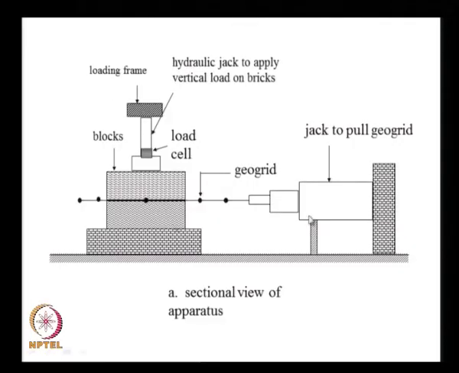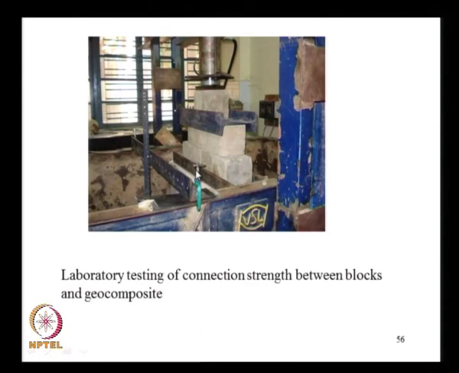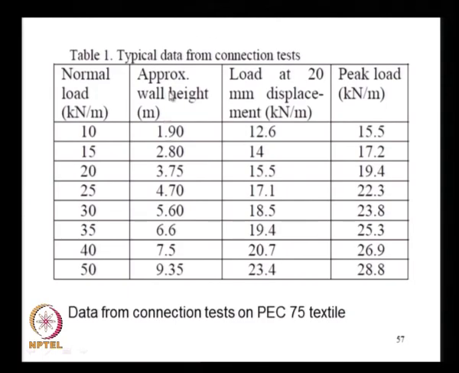The schematic for doing these laboratory tests is shown here, and this is the plan view, and this is the photograph of the load tests being done in the laboratory, and this is the typical data for tests on PEC 75, that is having tensile strength of 75 kilonewtons per meter, and you can see that the peak load capacity, the connection capacity, is only about 29. So, we can only utilize a small fraction of the tensile strength of the material for our design purposes.